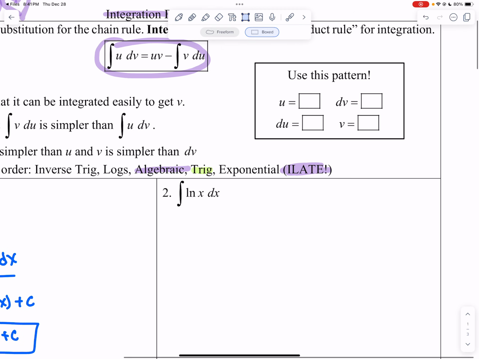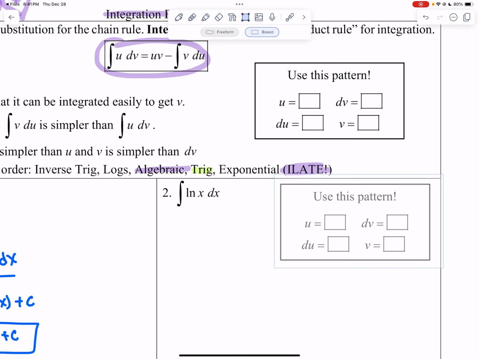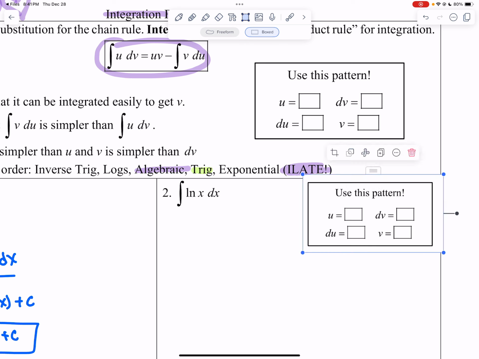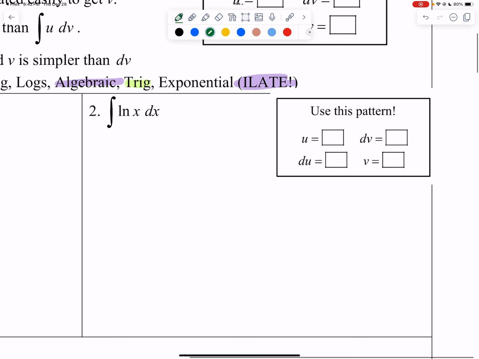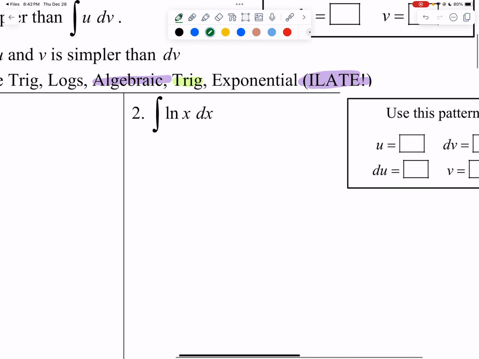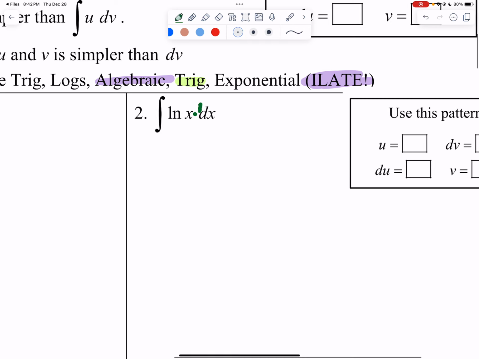All right, number 2, we are still using this pattern right here. I'm going to cheat a little bit and copy it so that my u's and v's are pretty. All right, so I have the integral of ln of x dx. We're going to put times 1 right here just so that you know that it is being multiplied by something, aka 1.